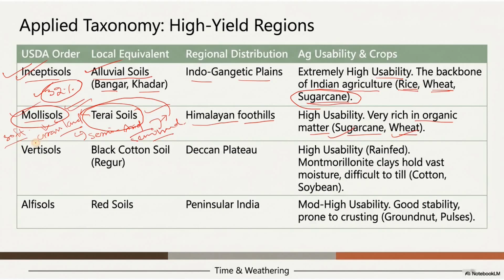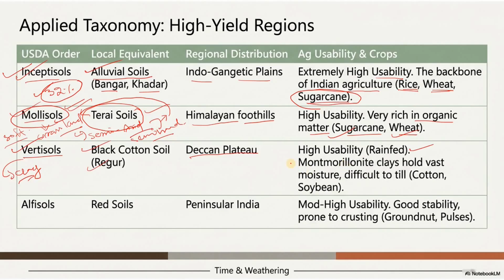And then vertisol. Vertisol means, verti means clay, and vertisol means the soils which are made up of clay. The black cotton soil, the regur soil, as it is known in India. Where is it found? We all know it is found in the Deccan Plateau. It has high usability.